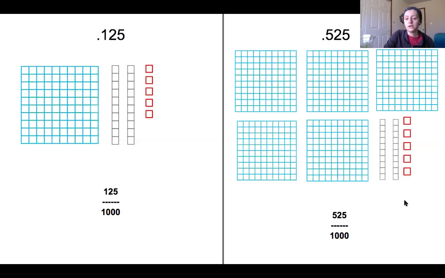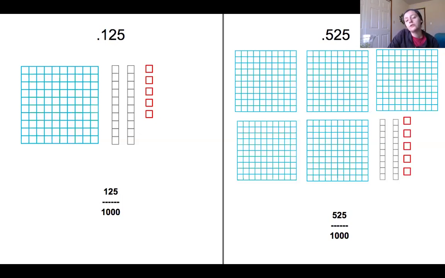If we look over here at 525 thousandths, you'll see that I drew 5 of the flats because that represents 5 over 10, or my tenths place. I drew 2 of the longs because that is the same as 2 over 100, or the 2 in my hundredths place. And I drew 5 of these individual ones because that's the same as 5 over 1,000, or the 5 in my thousandths place. Okay, so that's how I would draw those out.